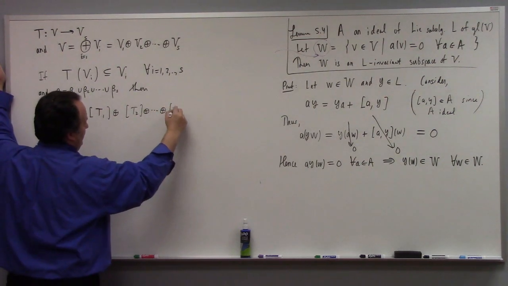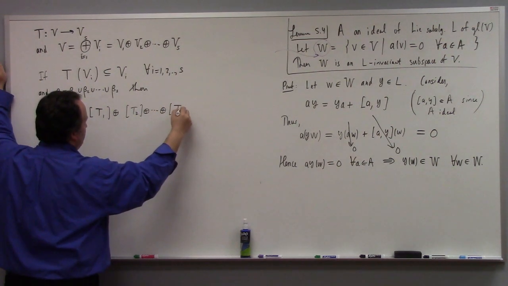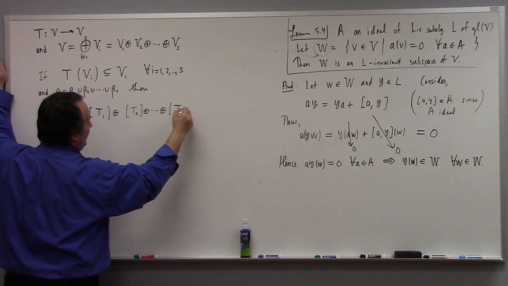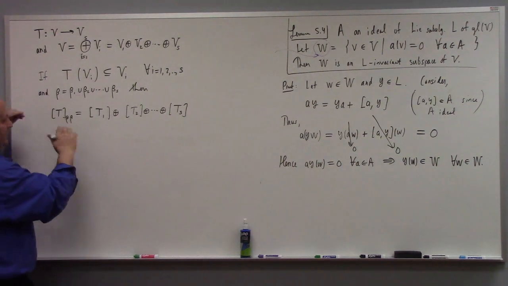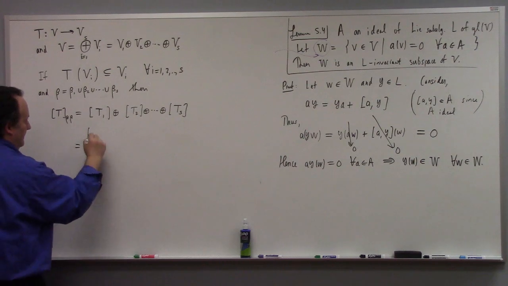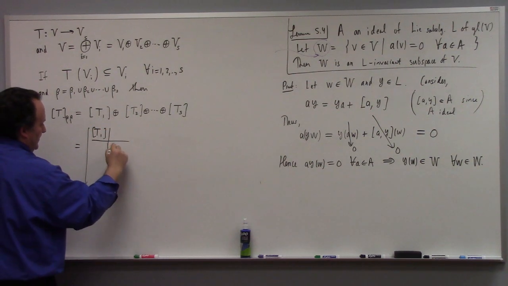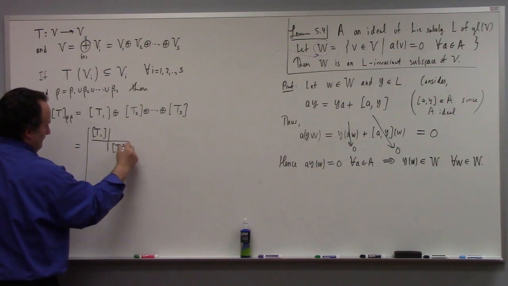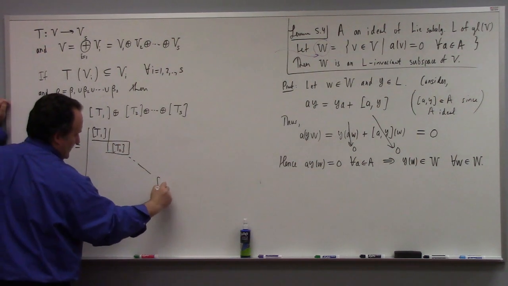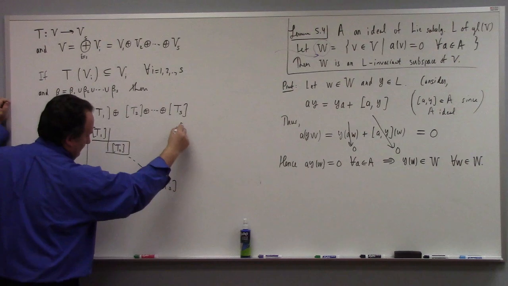Here I'm talking about the Kronecker sum rather, which is just block decomposition. So this looks like the T1 matrix here, the T2 matrix here, the Ts matrix down here like that.